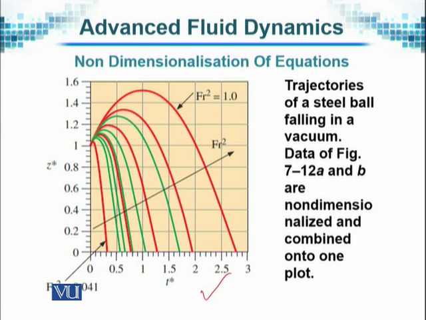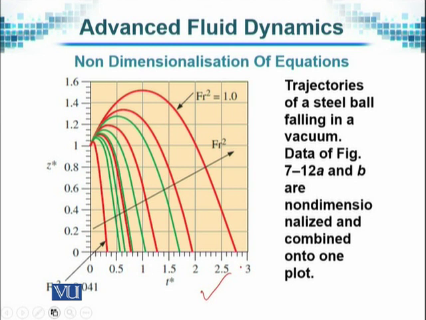So what is happening? Making things easier for us, rather than having two graphs, we are plotting the data into the same graph and looking at it. And so the trajectories of a steel ball falling in a vacuum are non-dimensionalized. You can see how the speed and the fall behave when the Froude number is small or increasing.